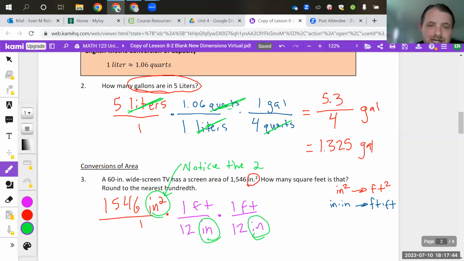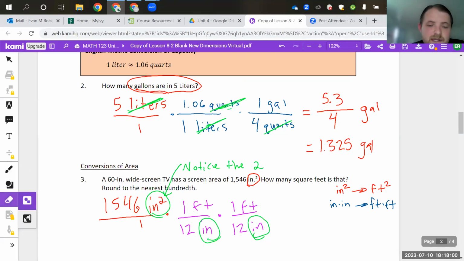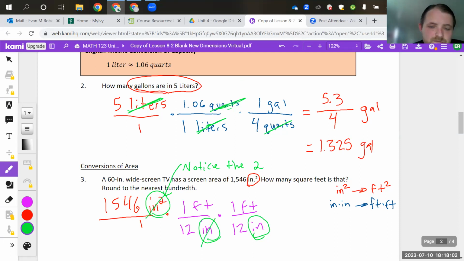Okay, so again, try to see the difference between question 2 and question 3. In question 2, there was no squaring. In question 3, now there is squaring involved. That's the main difference. So from here, those inches are all going to cancel out. And you're left with 1,546 feet squared, all divided by 144 because of the 12 times 12.